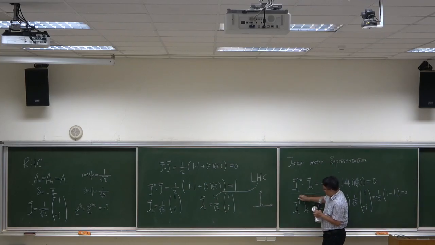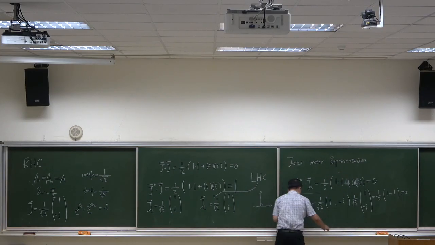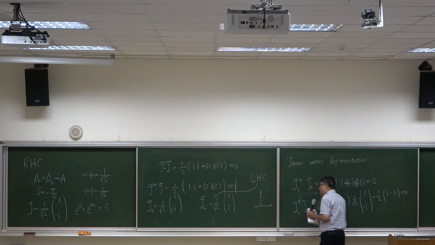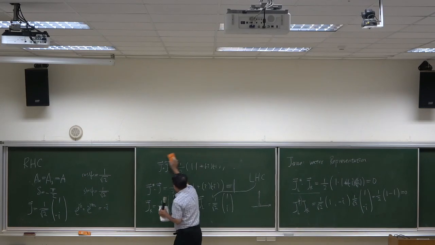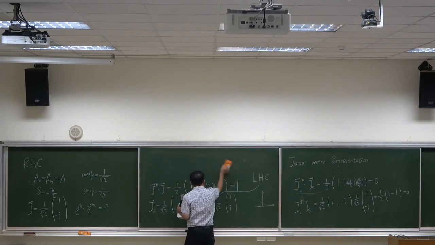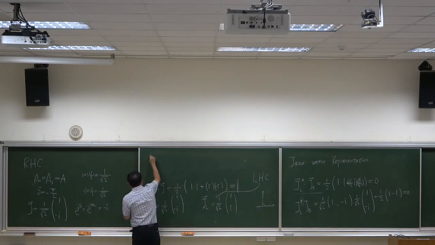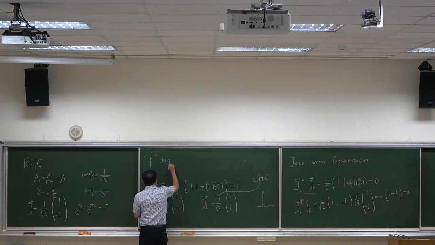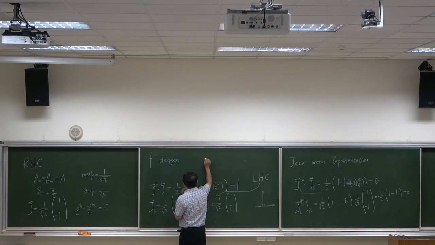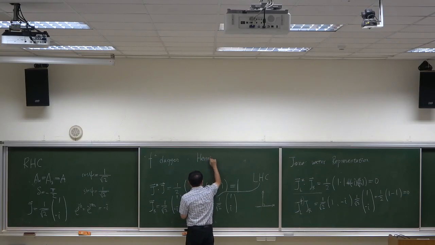This notation dagger means Hermitian conjugate.